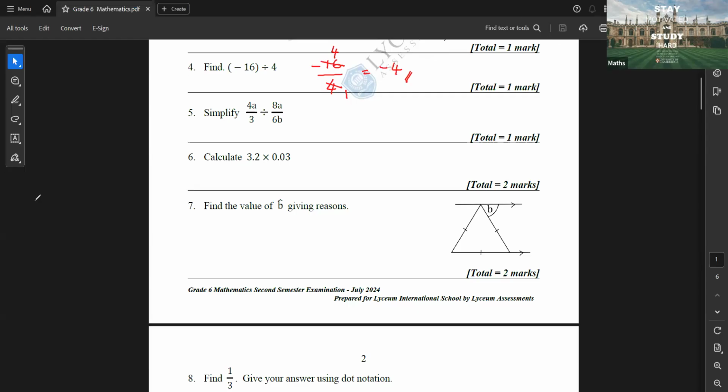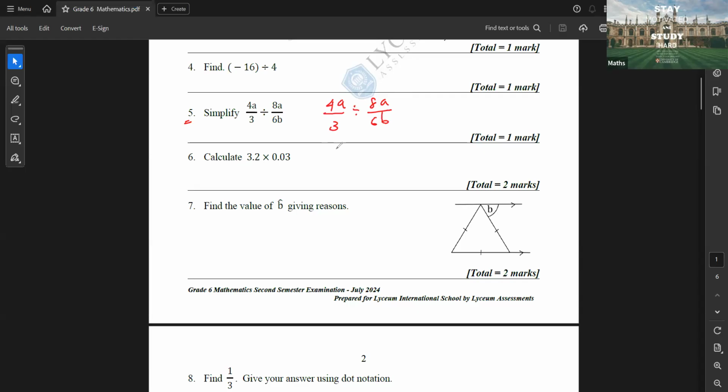Question number 5. 4a divided by 3, division, 8a divided by 6b. Algebraic fractions division. We have discussed in our class all these theories with a lot of questions.